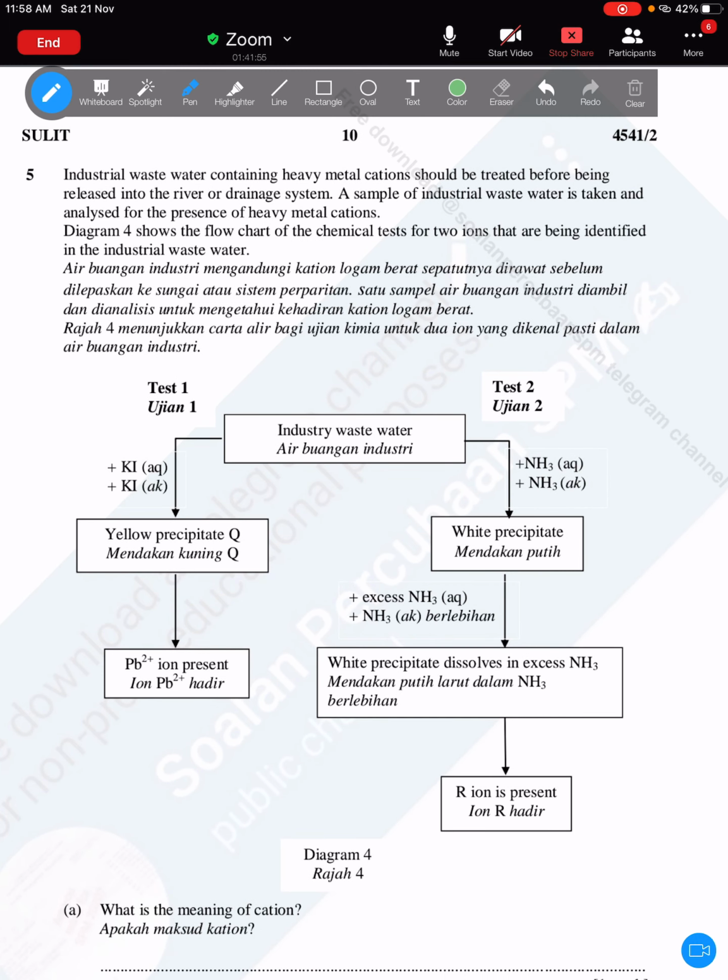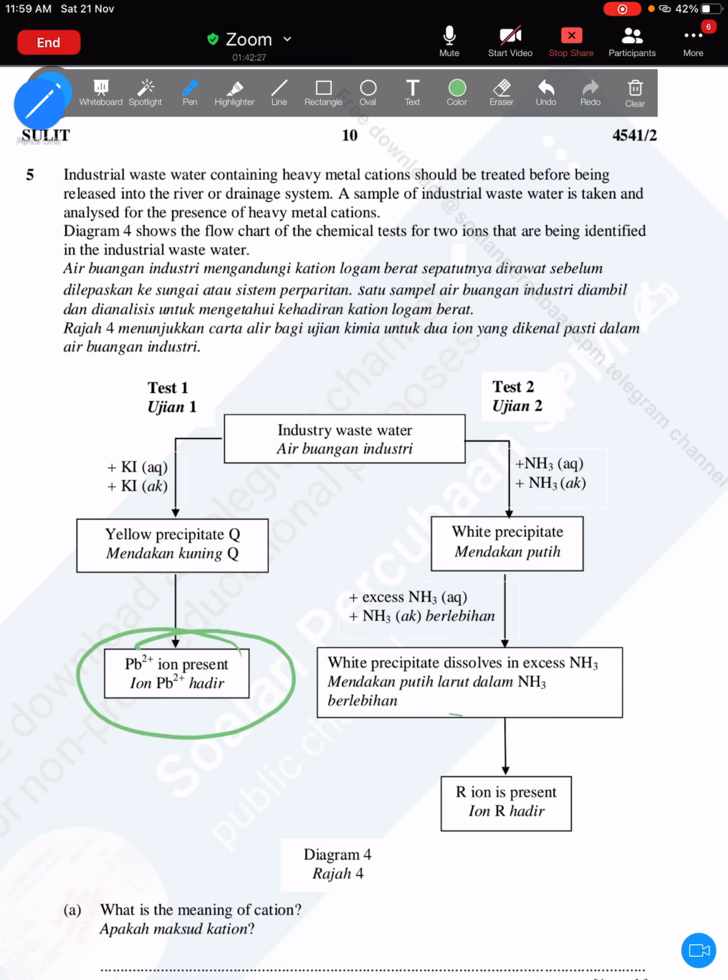This is about the salt. Industrial waste water contains heavy metals, cations, should be treated before being released into the river or drain system. A sample of industrial waste water is taken and analyzed for the presence of the heavy metals, cations. Okay. Test number 1, you are considered very lucky because they already give you the answer.